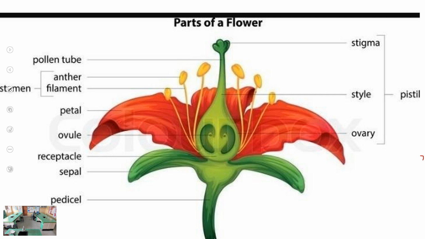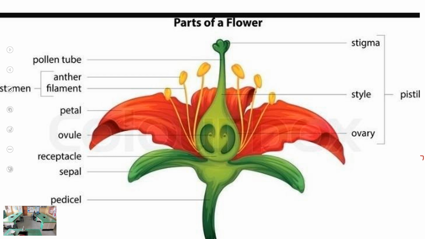Looking at this flower, you will agree with me that the flower has 4 flower parts. The outermost flower part is called the sepal. Then the second flower part is called the petal. The third flower part is the stamen. The stamen is the main reproductive part of a flower.